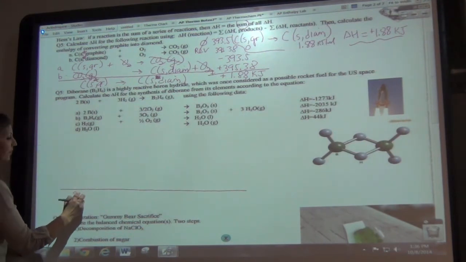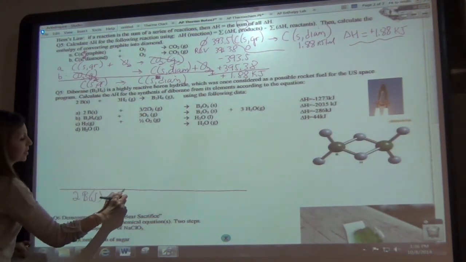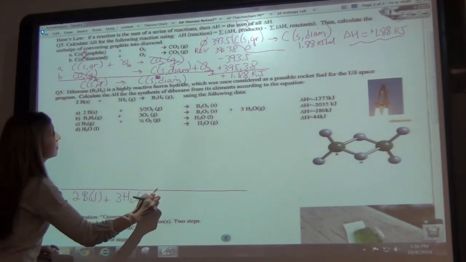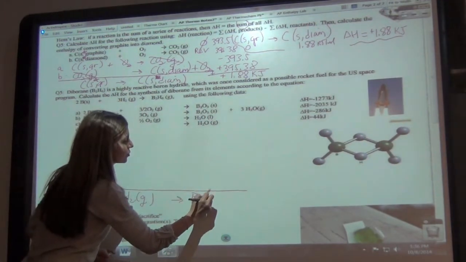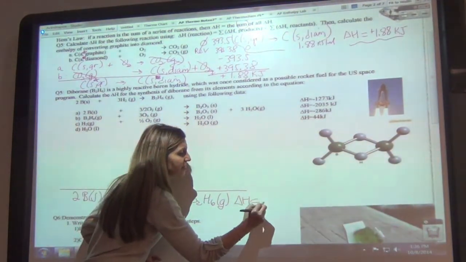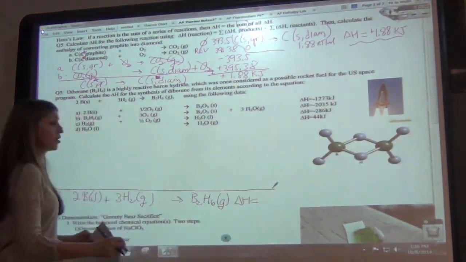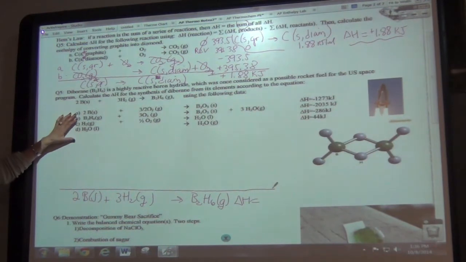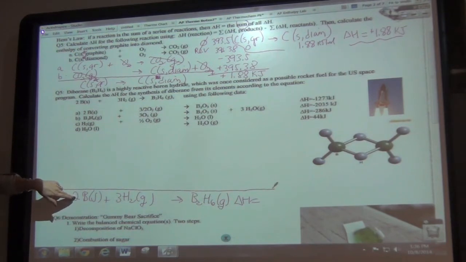So here's our final 2 boron solid plus 3 H2 gas, and my arrow B2H6 gas, and I'm looking for the delta H of this entire reaction. Okay, let's do the top line first. So anything in the top line that appears in my target. 2B solid.